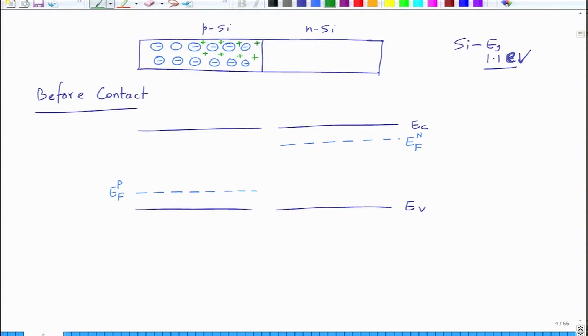Okay. And here you might have a situation something like this, you will have these donor atoms. I am not drawing the silicon atoms because you will have silicon atoms also, okay, and then you will have electrons. These are free extra electrons which are caused by the donors. This is before you create a contact.